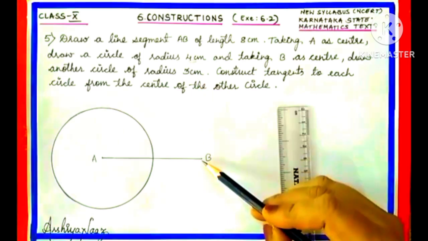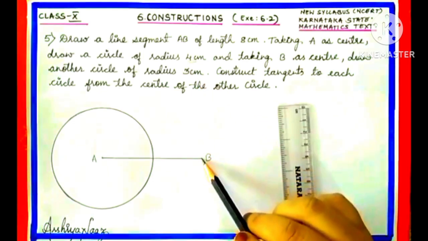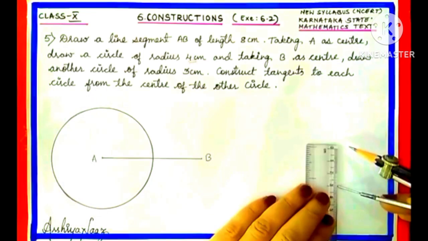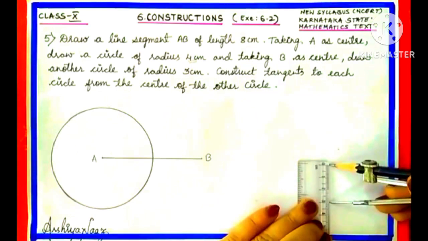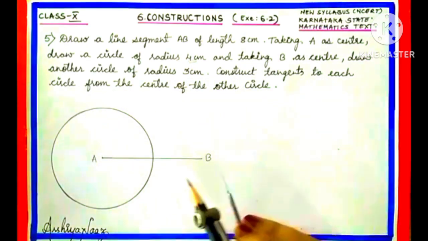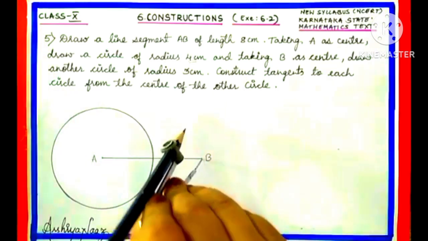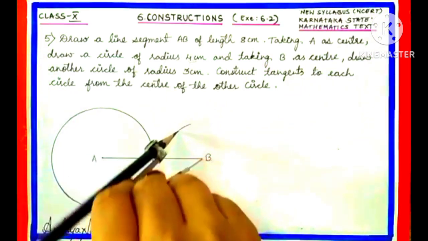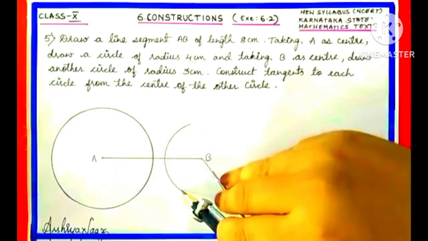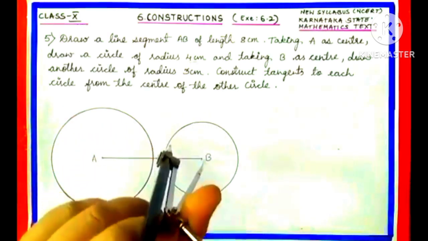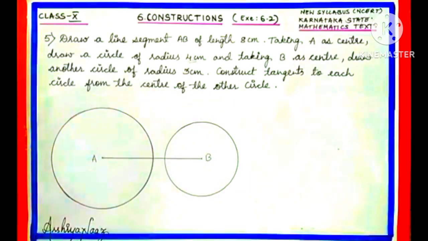So let us draw another circle from the point B. Take the radius 3 cm and with B as center, draw a circle. Like this.